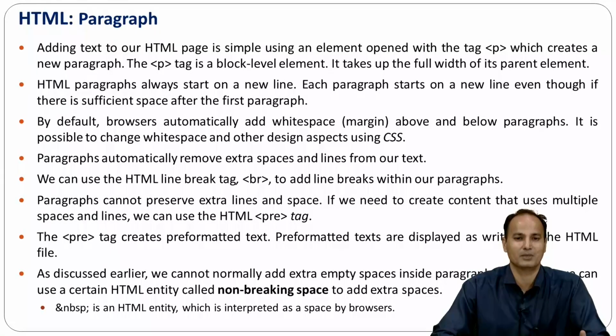Paragraphs can't preserve extra lines and space. If we need to create content that uses multiple spaces and lines, we can use the HTML pre tag. The pre tag creates pre-formatted text. So whatever format you need, you have to pre-format it so that it is displayed as it is. For that you need to use the pre tag.